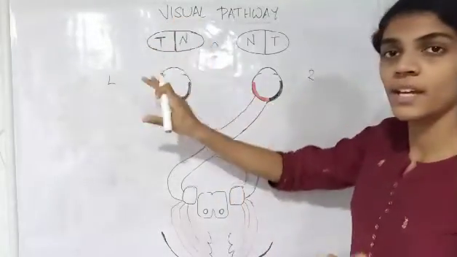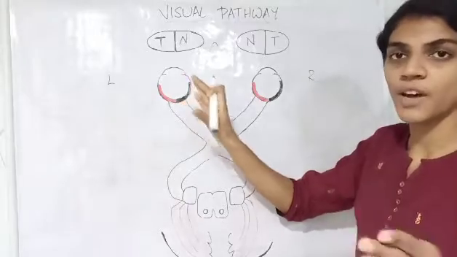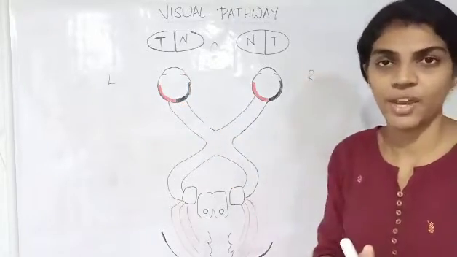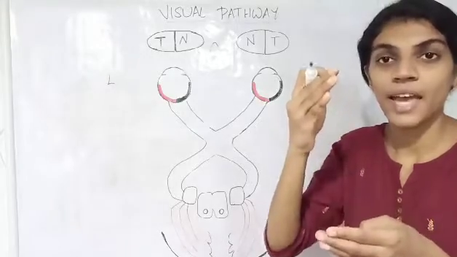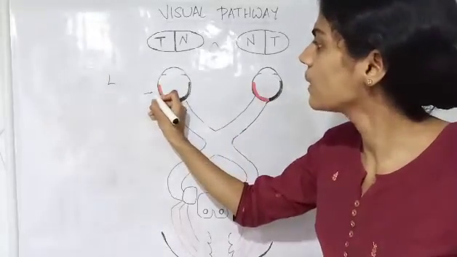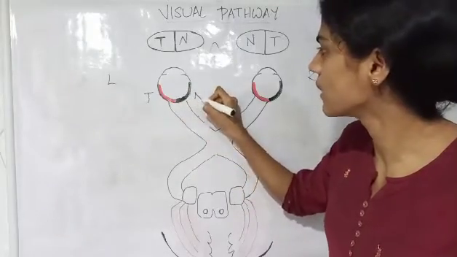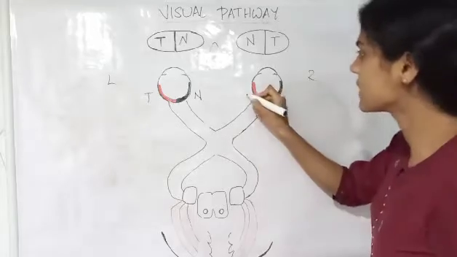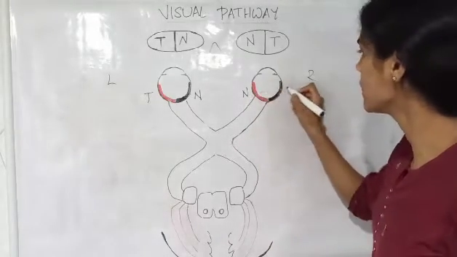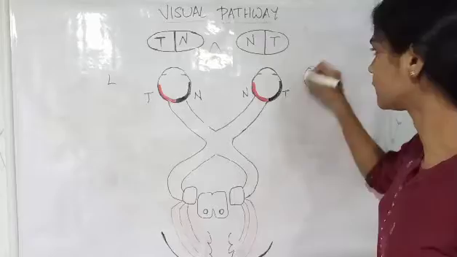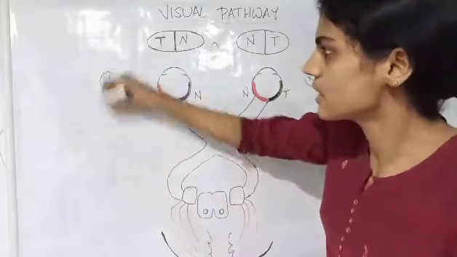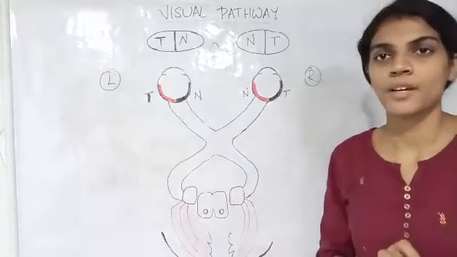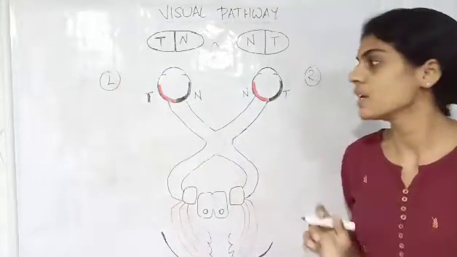Like the visual field, the retina can also be divided into halves, so it is known as hemiretina: the temporal hemiretina and the nasal hemiretina. Here, this one is the nasal hemiretina, and this one is the temporal one. This is the left eye. So I suppose you are clear.